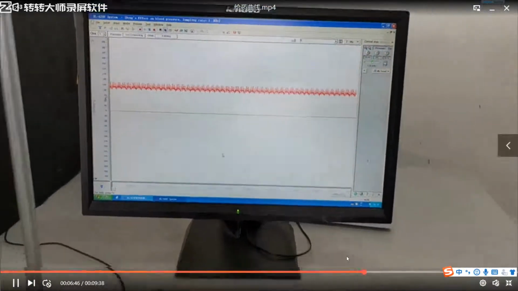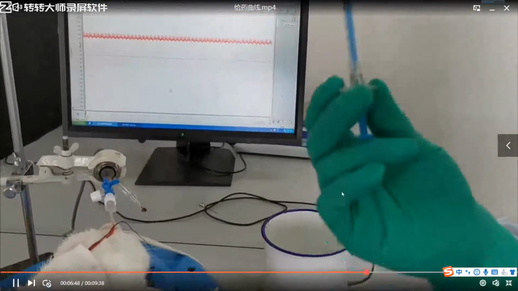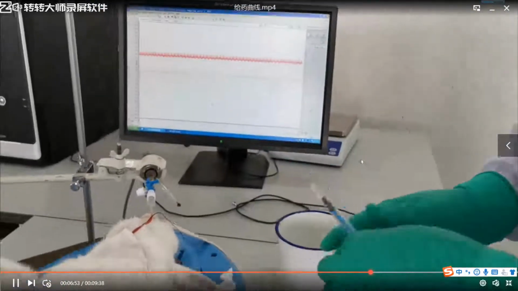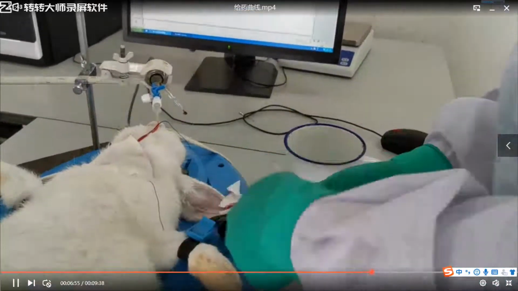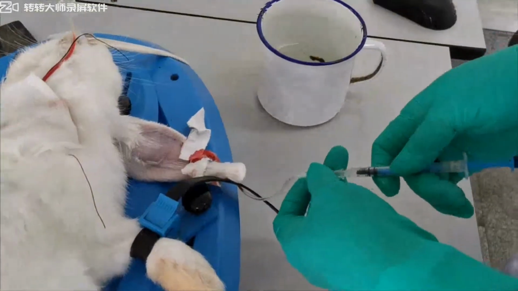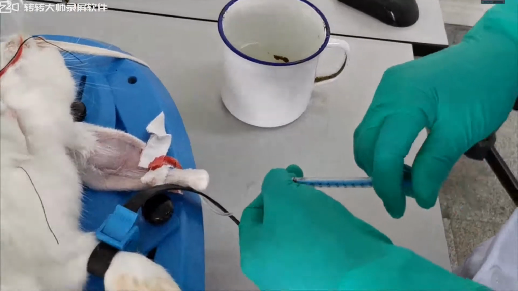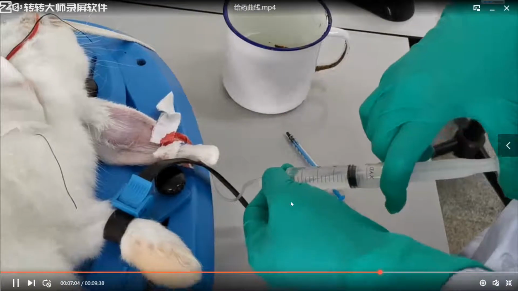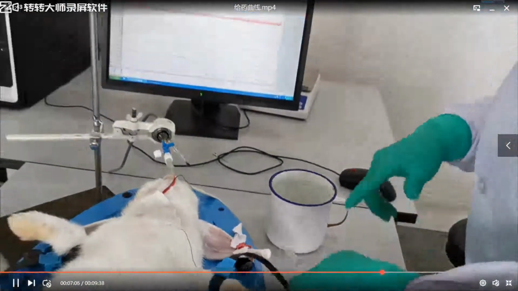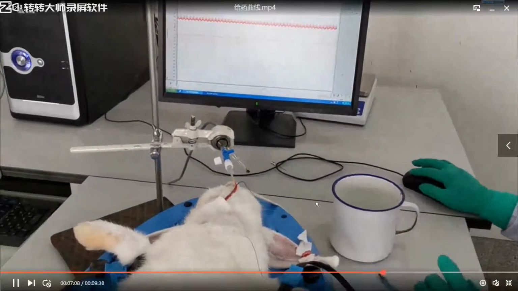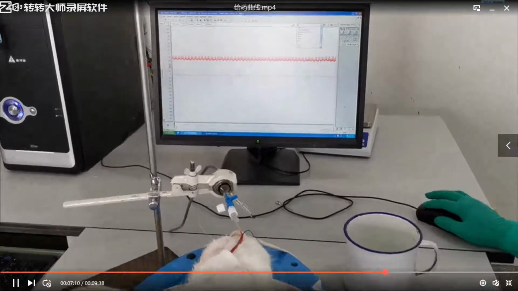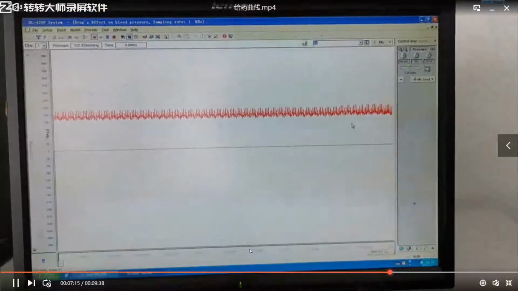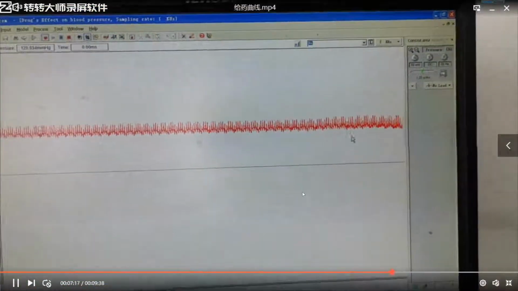Let's give the second drug, noradrenaline, an alpha receptor agonist. Inject intravenously, rapidly, and then use normal saline, so that the noradrenaline remaining in the scalp acupuncture needle could be rapidly carried into the blood circulation.